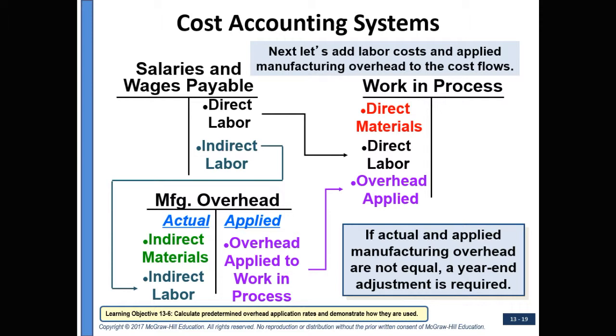Indirect labor is then debited or added to the manufacturing overhead account and applied to the work in process account using the predetermined overhead rate. If actual and applied manufacturing overhead are not equal at the end of a year, we'll do a year-end adjustment.